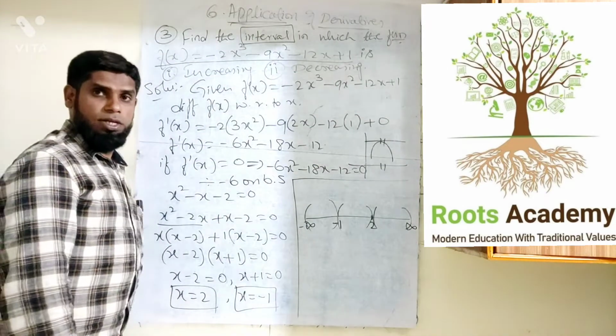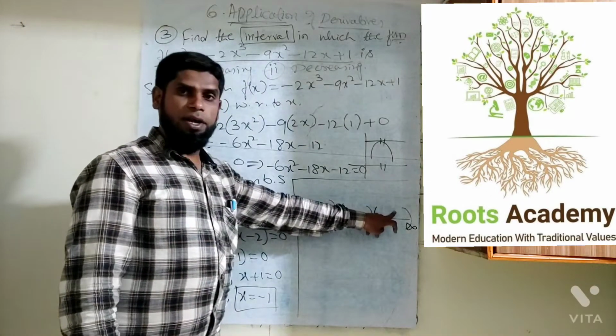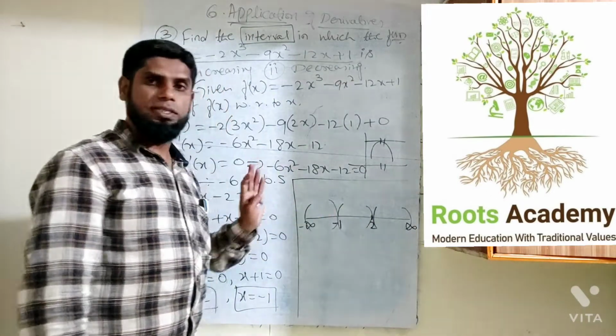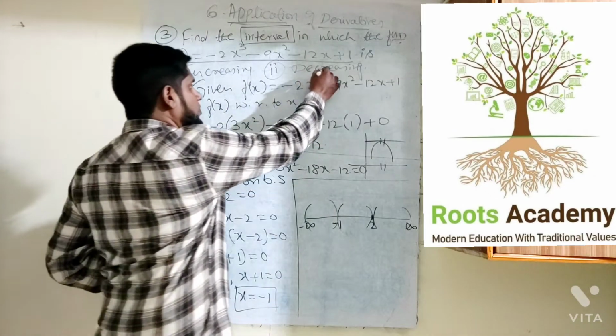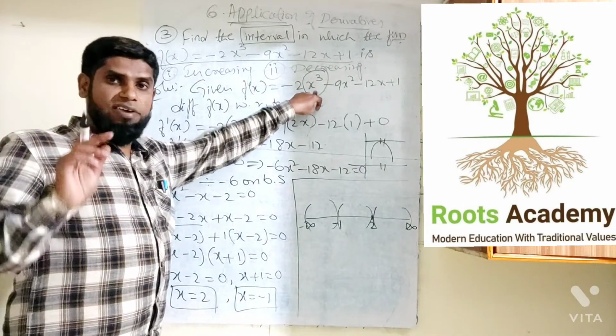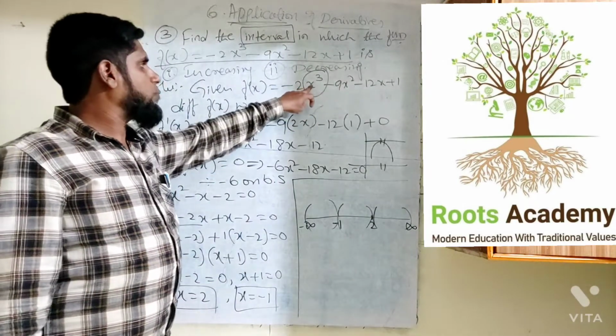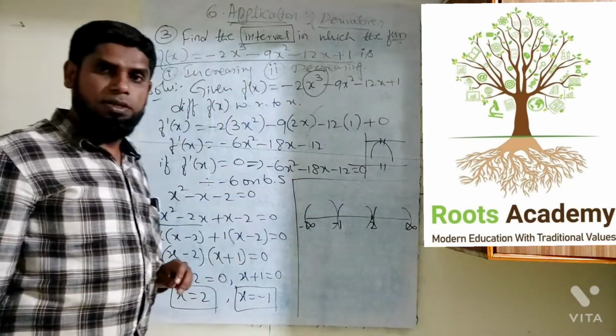Now, student, we should be very careful. Earlier we used to write plus minus plus sign, but in this problem it is totally different, because here the highest power of x has negative sign. In the previous problems we had positive sign for highest power of x, so we used to write plus minus plus, isn't it?